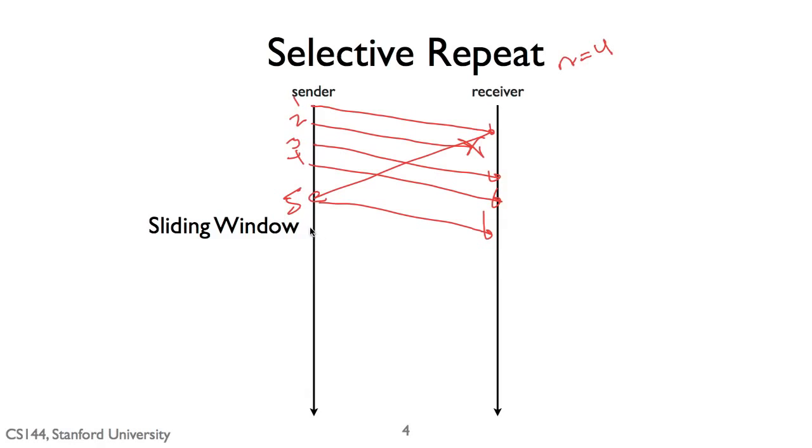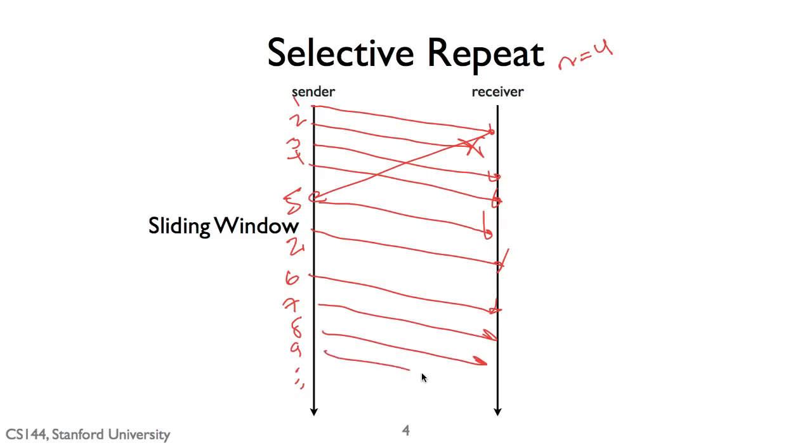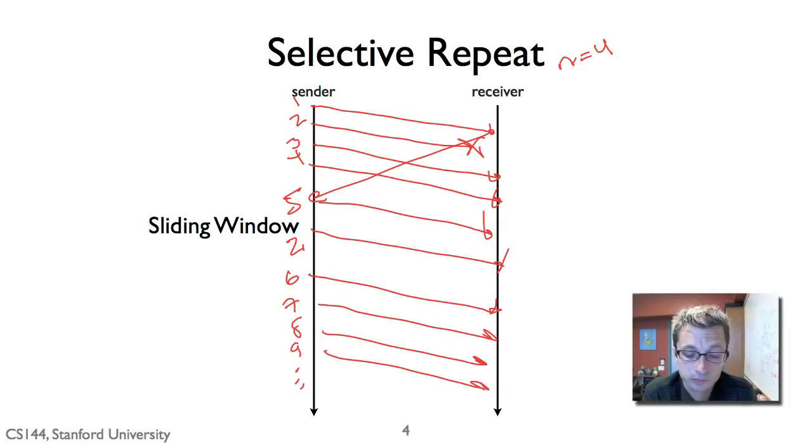In a selective repeat protocol, the transmitter is going to retransmit 2, and then we'll continue execution and transmit 6, 7, 8, 9, and so on. So it'll retransmit only the packets that were not acknowledged.